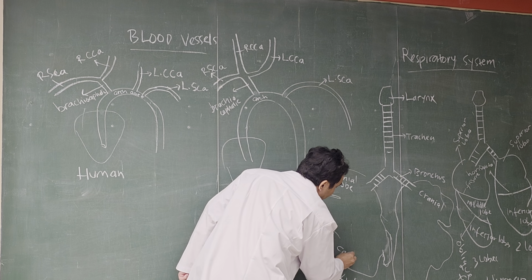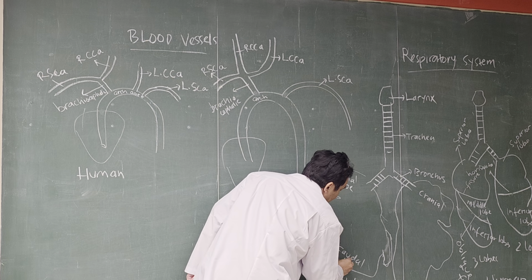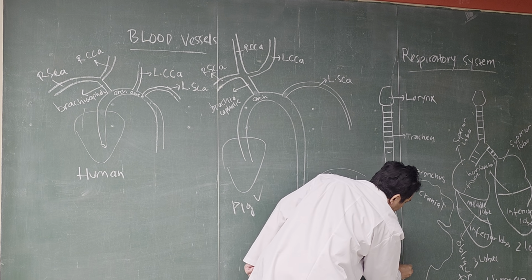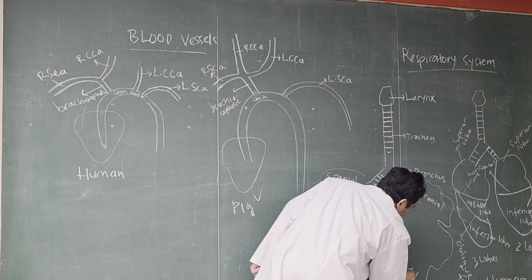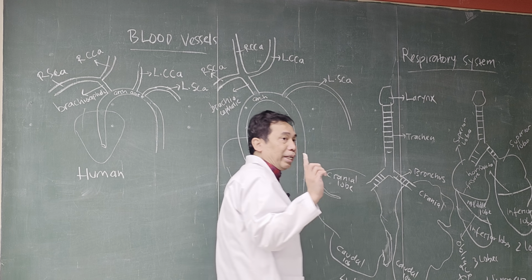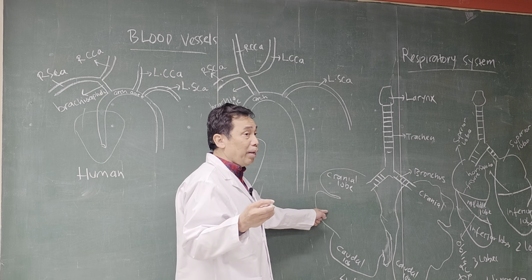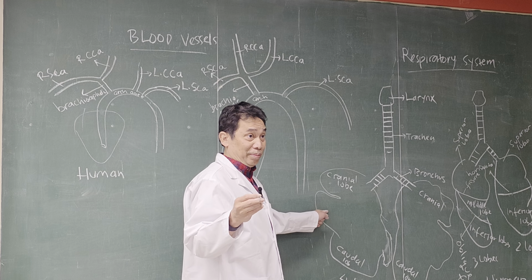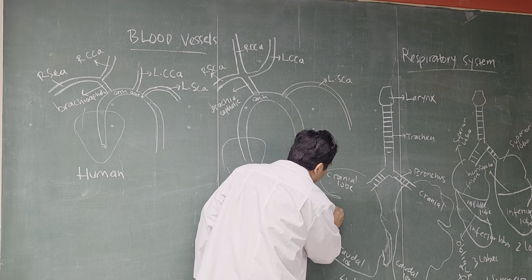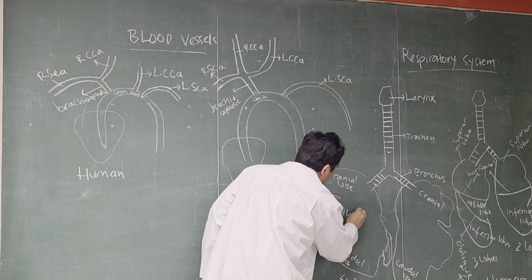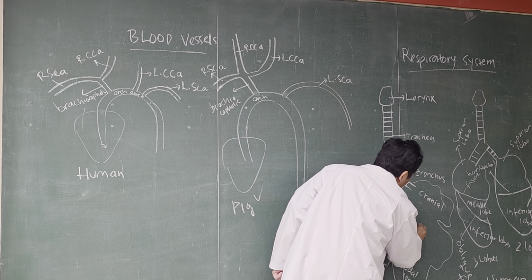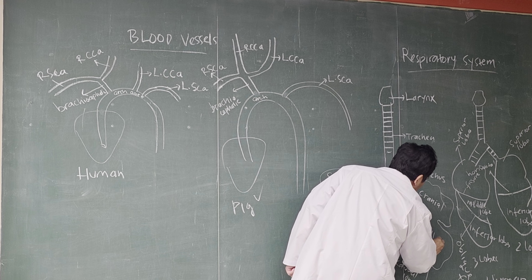This one's gonna be caudal lobes. This is caudal lobe. The middle is gonna be the same because it's in the middle. It's gonna be middle lobes. And this one's gonna be middle lobe.